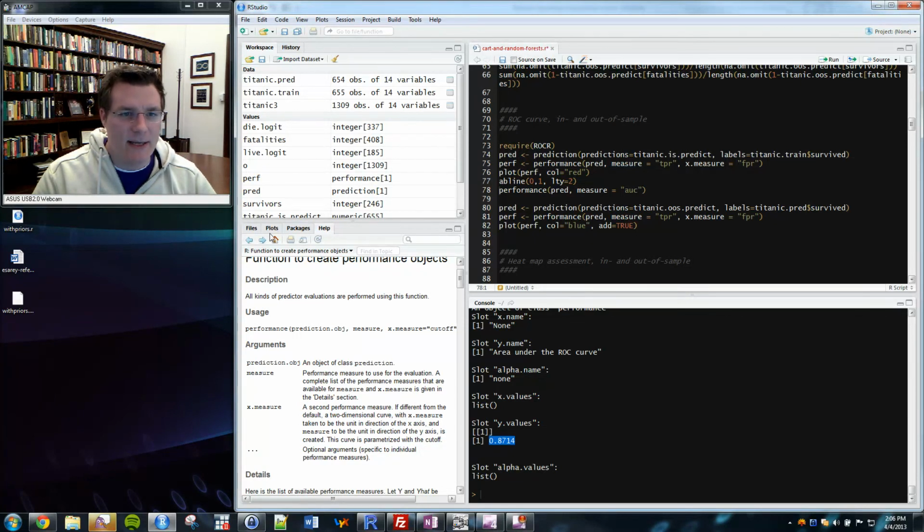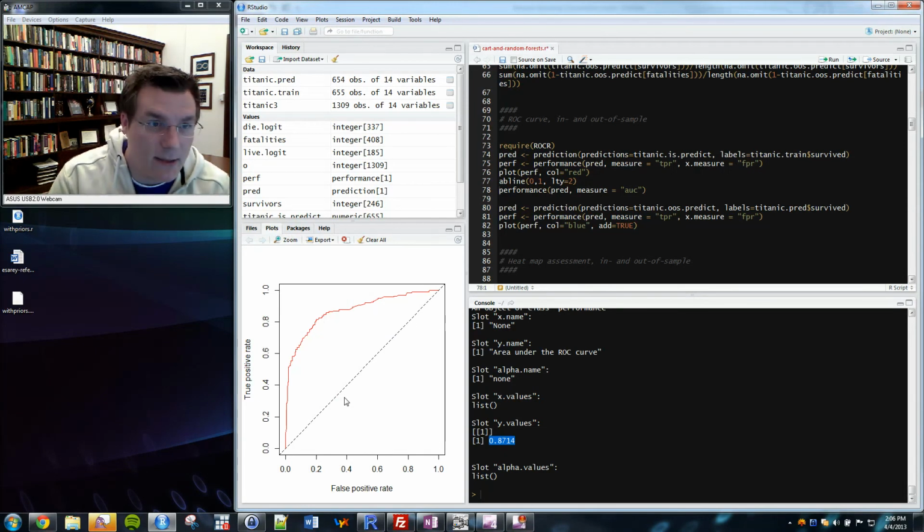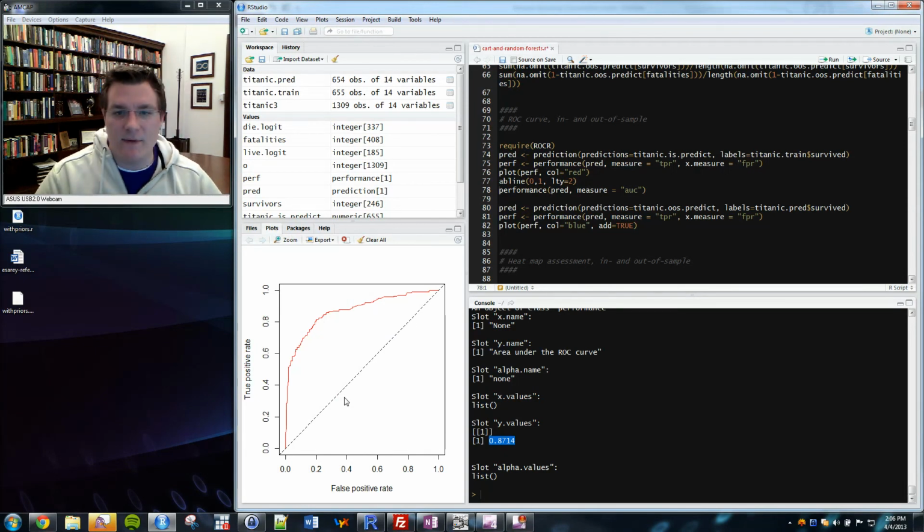So as I suspected, it's giving me a value between 0 and 1. The closer to 1 you get, the better. Pretty good. We can see visually that if I'm limiting my false positives to about 5%, I can count on getting about 60% true positive rate. This is not terrible, but not awful.